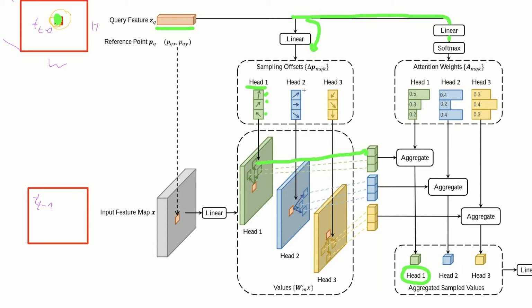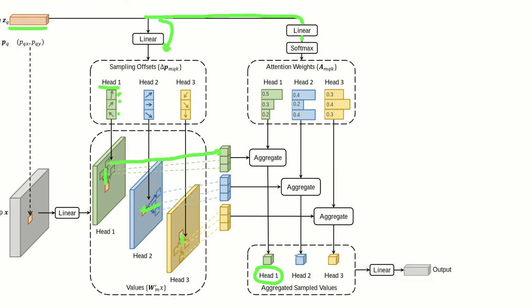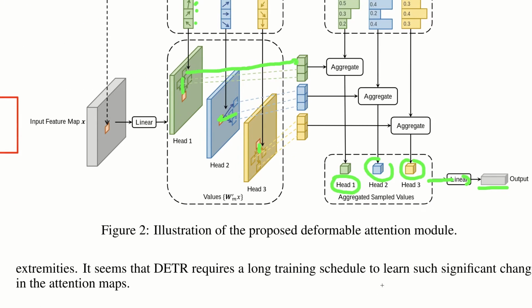We do this for multiple heads, so each head can attend to different regions around this fixed point Q. For example, head 1 looks more above that feature vector, another looks more to the side, or any arbitrary thing the detector can learn. These attended feature vectors are then put into another linear layer and used as the output of this deformable attention module.